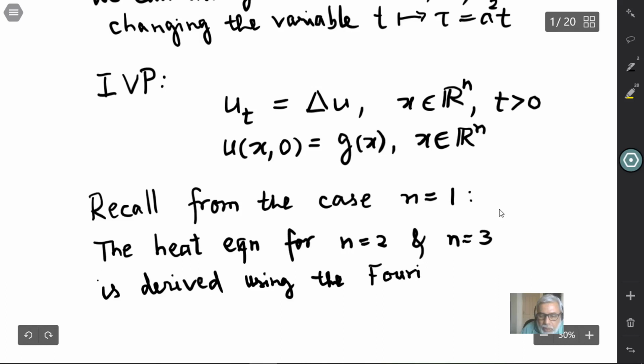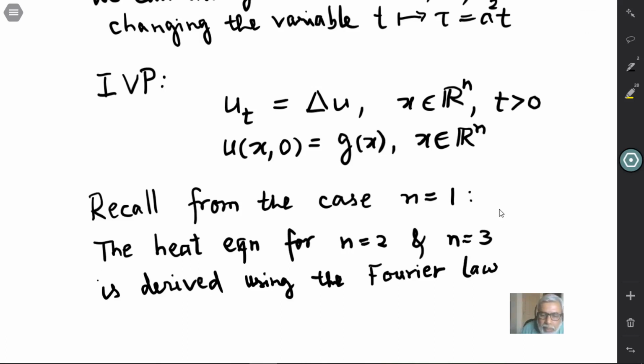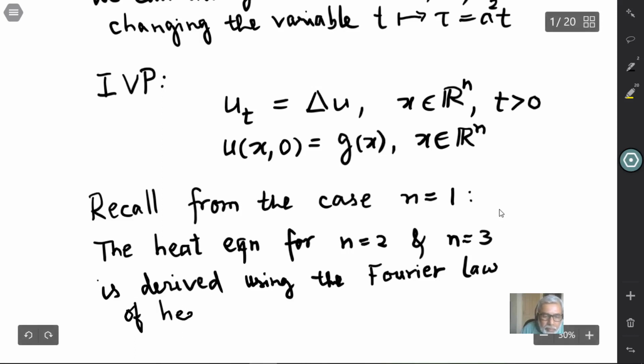So this was derived in the first part of this course for n equal to 1, and the same procedure, if I apply for n equal to 2 and n equal to 3, they are physically relevant cases. Now, heat conduction.